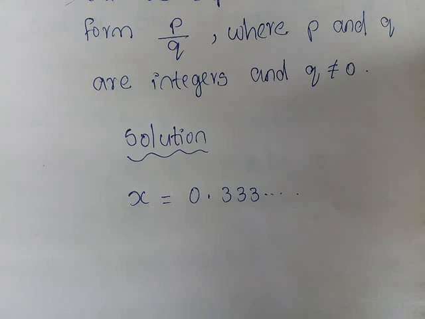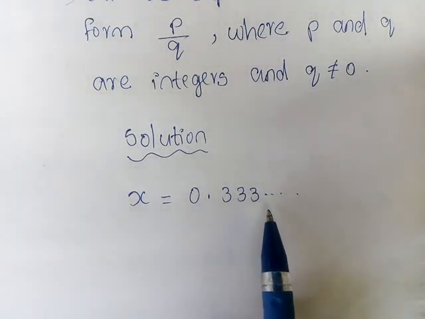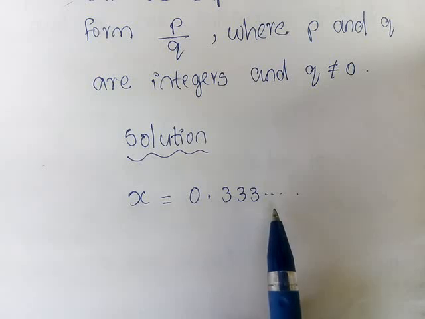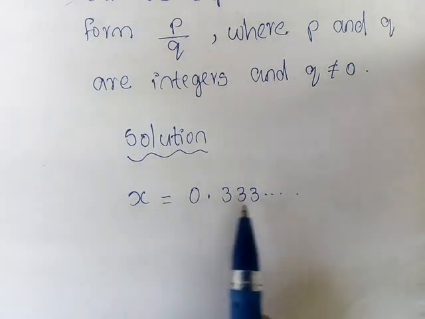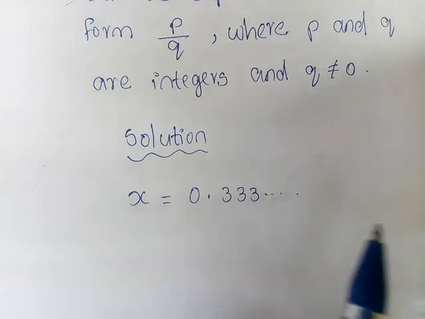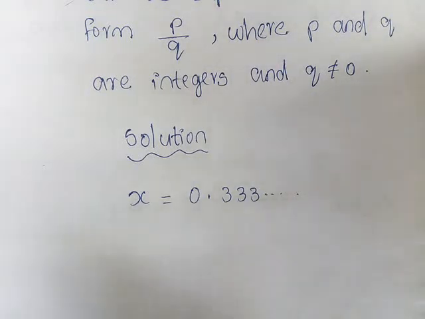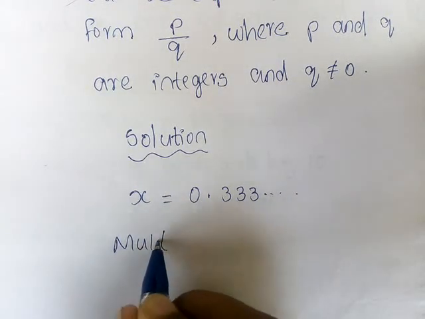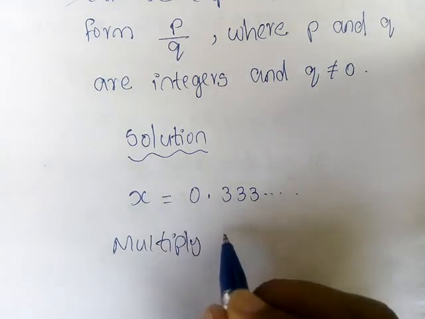Now here is where the trick comes in. In 0.333 etc. only one digit is repeating. So we need to multiply both sides by 10. If two digits are repeating, then you need to multiply both sides by 100 and so on. Now here we multiply both sides by 10.